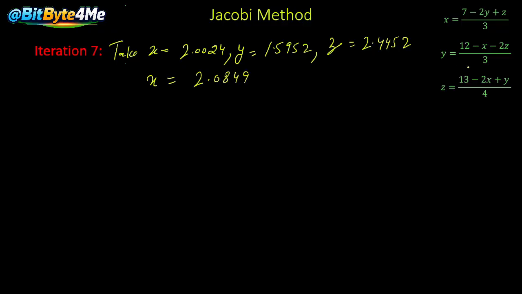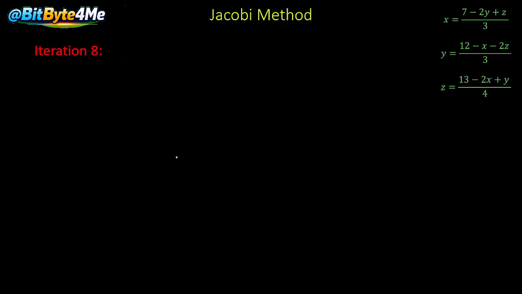Put these values in equation number 2, you will get y as 1.7024. Put these values in equation number 3, and you will get z as 2.5288. So again, you can use these values in the next iteration, and similarly after doing that, you will get values as iteration number 8.